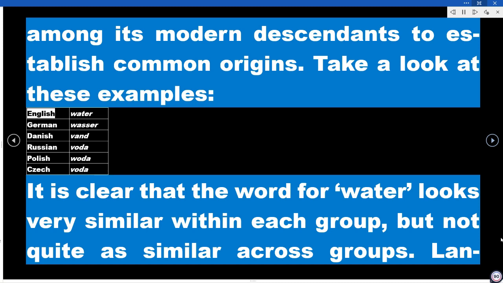English, water, German, Wasser, Danish, Vand, Russian, Voda, Polish, Woda, Czech, Voda.